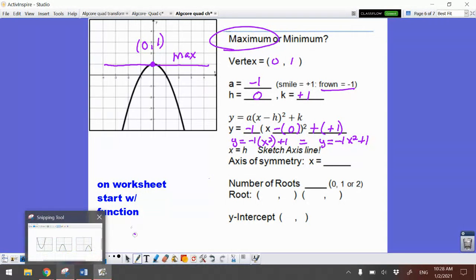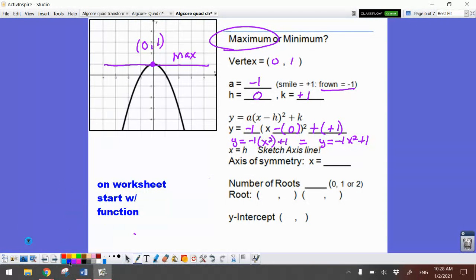If I'm sketching my axis line, remember your axis line always goes through your vertex. So that is actually right on my y-axis. So that's x equals 0 because it is crossing at 0. Number of roots, it has 2. Here's 1, here's 2. That ordered pair is 1, 0.